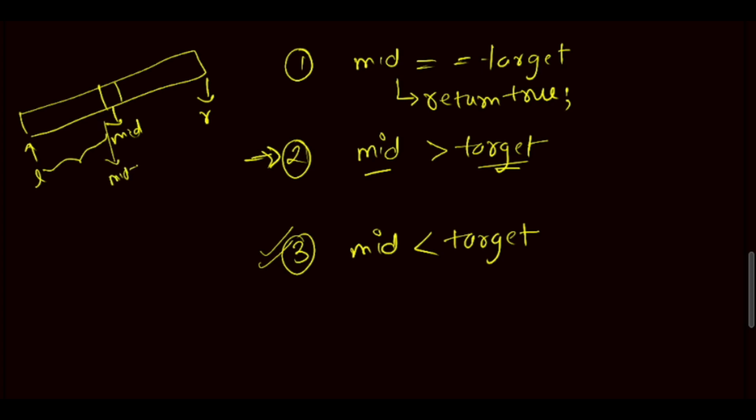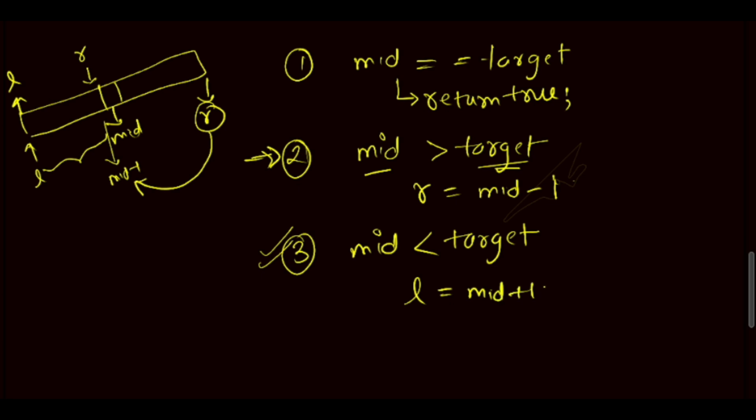So I'll pick up R and put it here at mid minus 1, so that now L and R point to this subarray. So if the second case occurs, I'll update R to mid minus 1. And if the third case occurs, L should get updated to mid plus 1.